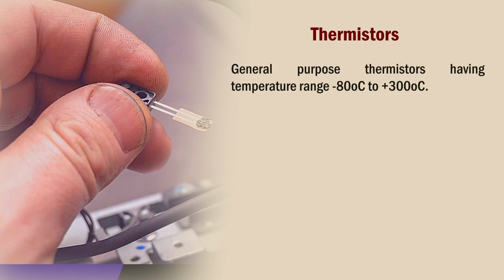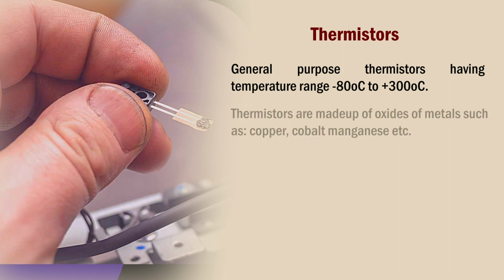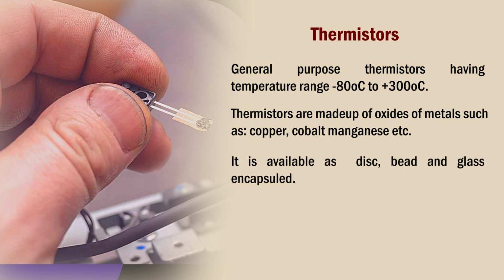General purpose thermistors have a temperature range of minus 80 degrees centigrade to plus 300 degrees centigrade. Thermistors are made of oxides of metals such as copper, cobalt, manganese, etc. It is available as disc type, bead and glass encapsulated.